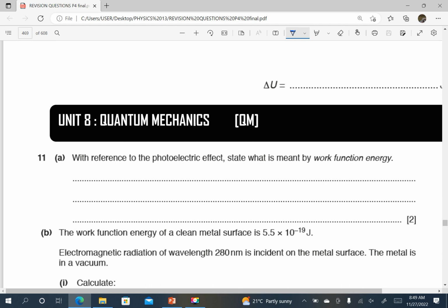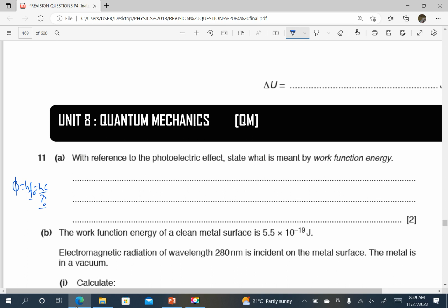Of course, work function, from the lessons you have had with your teacher, you must have used the letter phi for work function, and it must have been h f naught or hc divided by lambda naught. F naught was threshold frequency, lambda naught was threshold wavelength. So the work function is that minimum energy of a photon or minimum energy of electromagnetic radiation which is required to remove an electron from a metal surface.